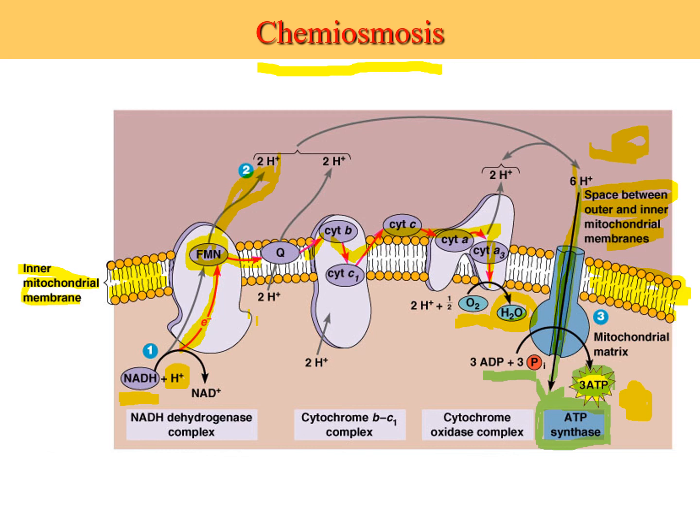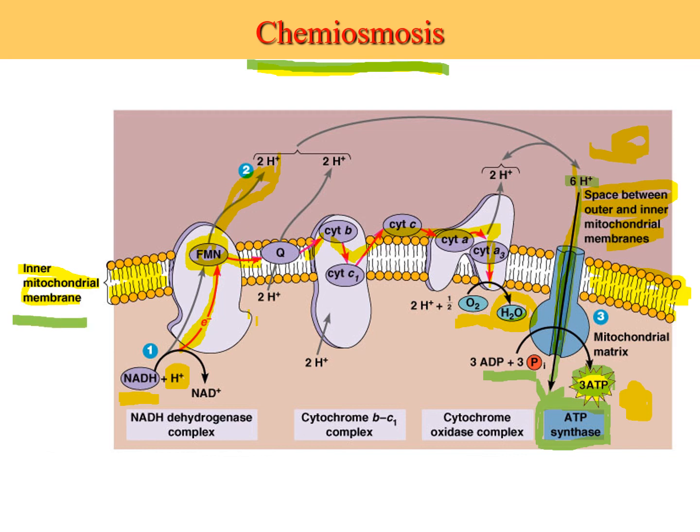So as that higher concentration of hydrogen ions passes through ATP synthase, ATP is generated. And in this way, through chemiosmosis, you have production of ATP in the mitochondria of cells. This, of course, is in a eukaryotic cell because it has mitochondria, but many bacteria can also do this.